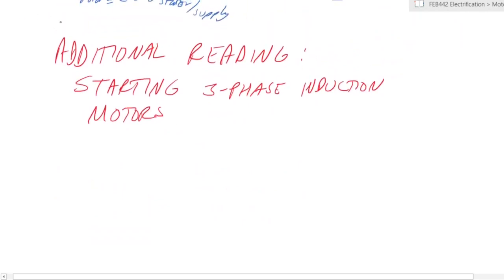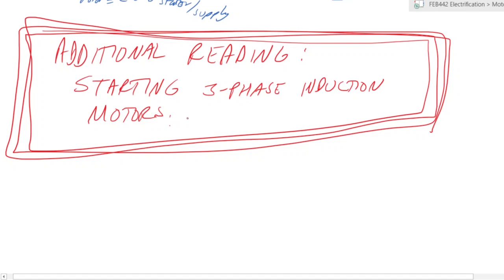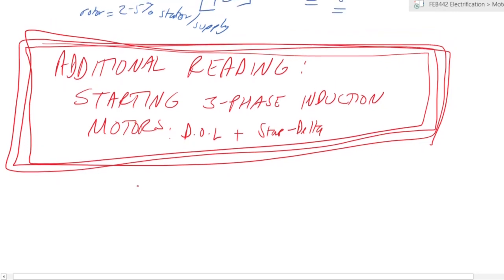This is a different kind of starting. This is to do with the initial current that is drawn by an induction motor when it is starting up, right? So look at direct online and look at star delta starting. So there'll be handouts on that. So any questions?